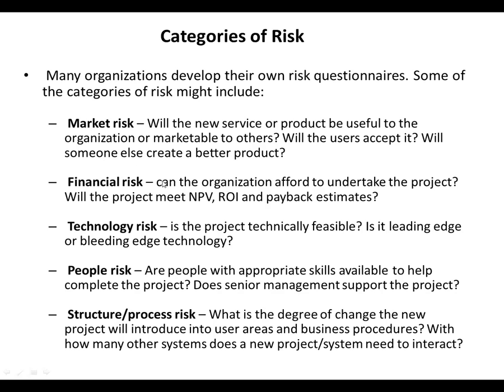If related to something financial, it's called financial risk. If related to technology, we call it a technology risk. If related to people, a people risk. And if the risk originates from the structure or process involved, we call it a structure or process risk.